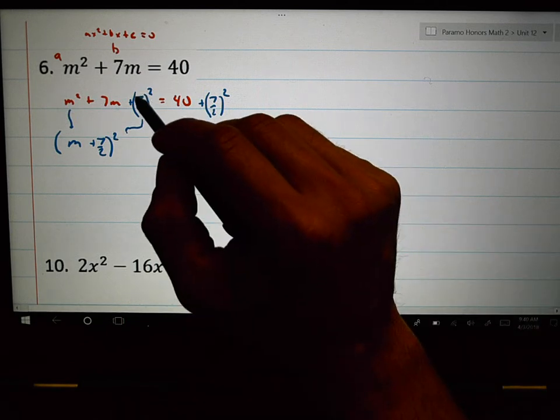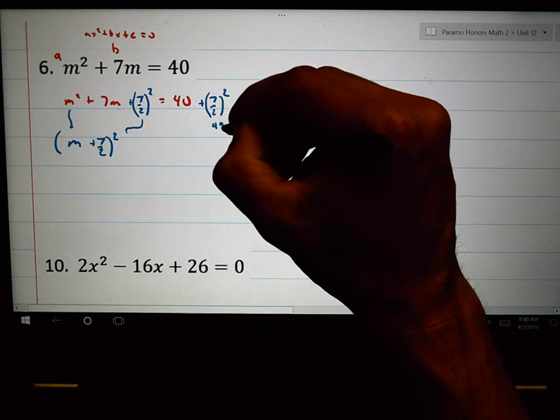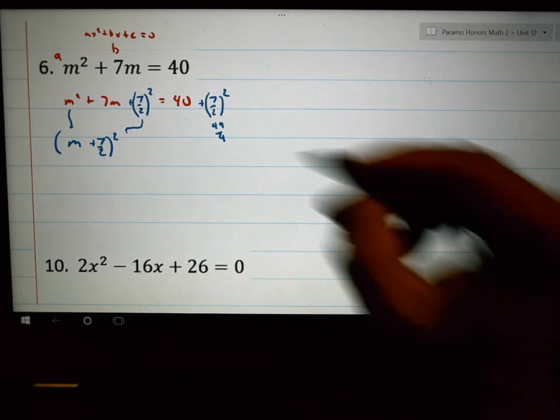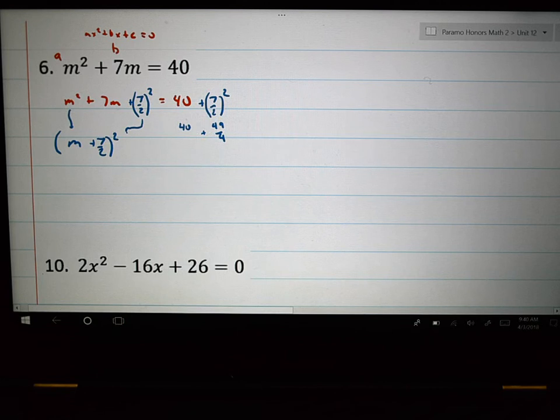7 over 2 times 7 over 2 is 49 over 4. See how you can do that in your head? That's a lot easier than trying to figure out 3.5 times 3.5, counting decimal places and moving things over. You don't even need to grab a calculator. Plus 40. We do have to work that out.